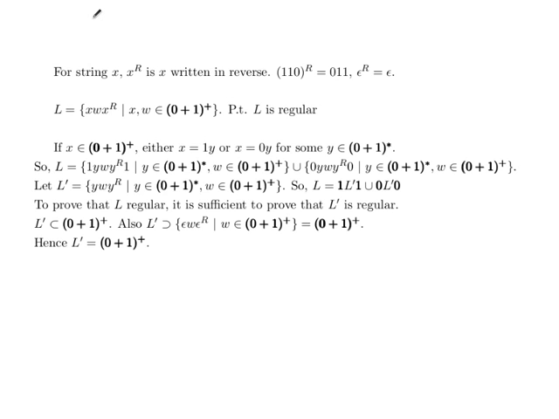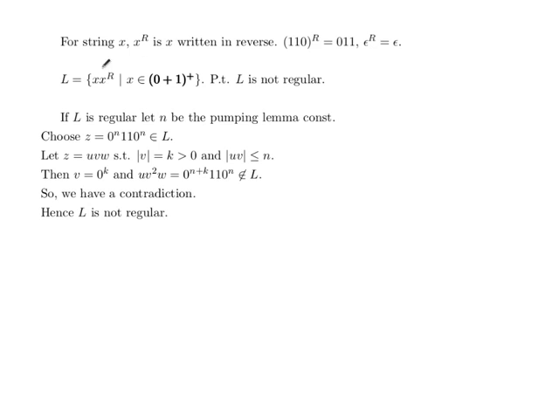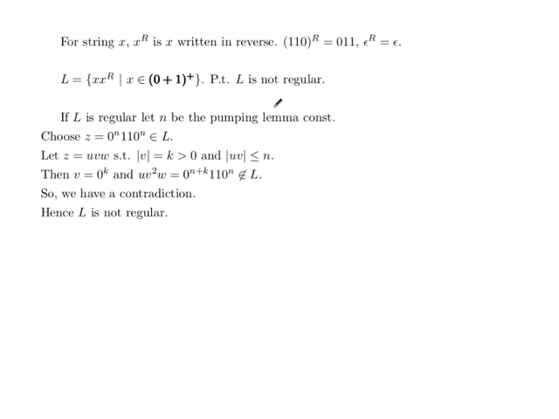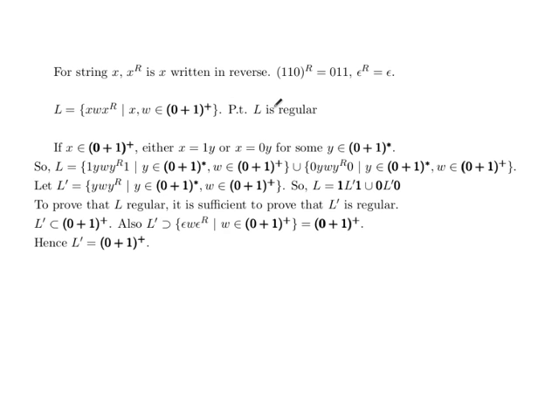The first version was just x x^r. We saw that this is not regular. Then we saw that if I insert some w in between, then it becomes regular. Both are quite straightforward, extremely straightforward and quite immediate.